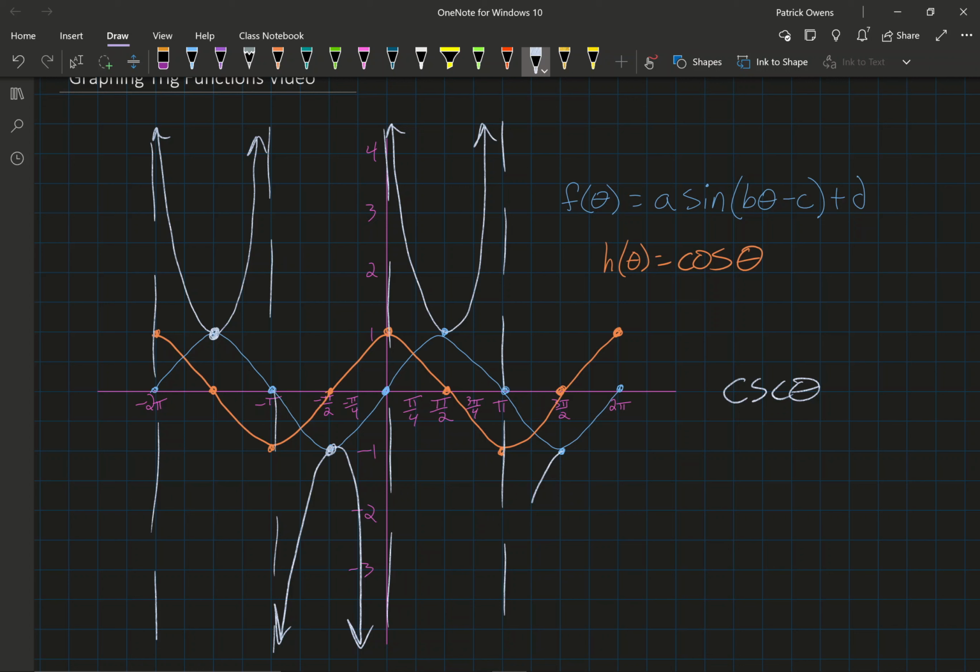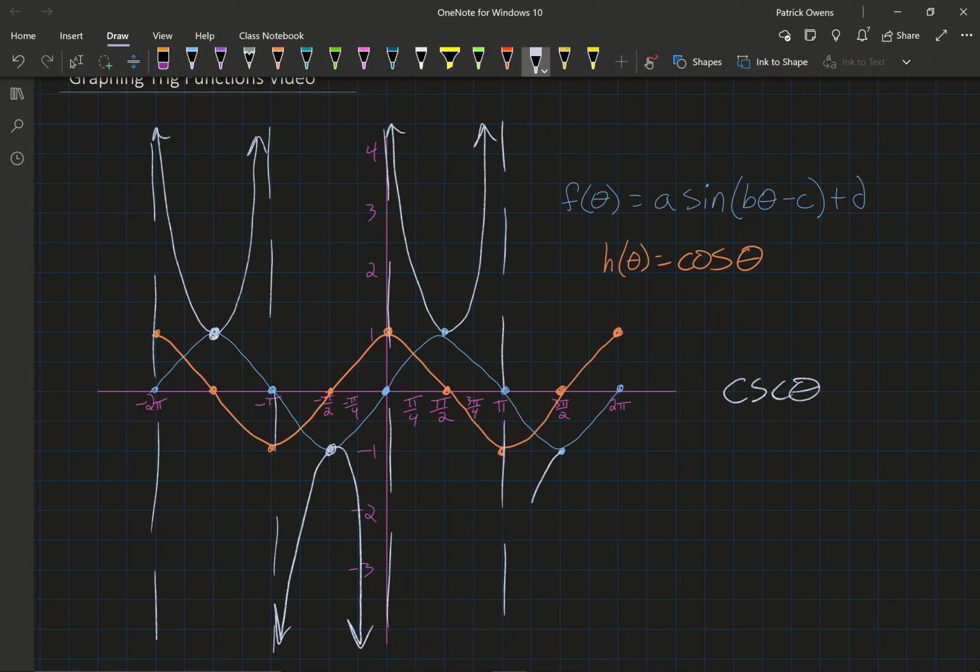For our last pair, we're going to look at tangent of theta and cotangent of theta. With these two functions, they're going to be the same sort of shift of the other pairs, where tangent and cotangent are shifted pi over 2 horizontally. However, there's also a reflection over the x-axis.